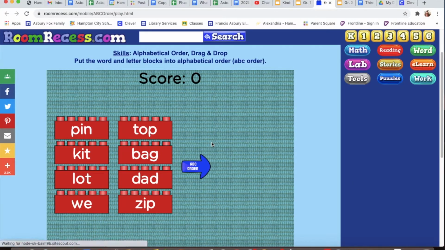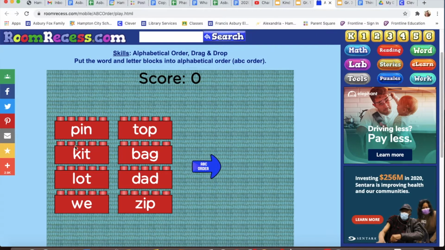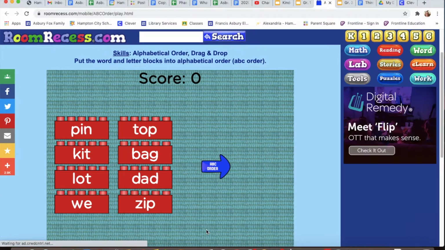Okay, now our goal is to look at the first letter of each word. Then we need to know our ABCs, or we can write down our ABCs on a piece of paper, or if you have an ABC chart, or maybe a number line that has the ABCs on it, you can have that in front of you to help you see your ABCs.